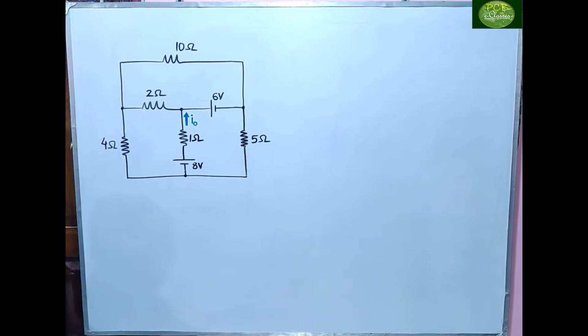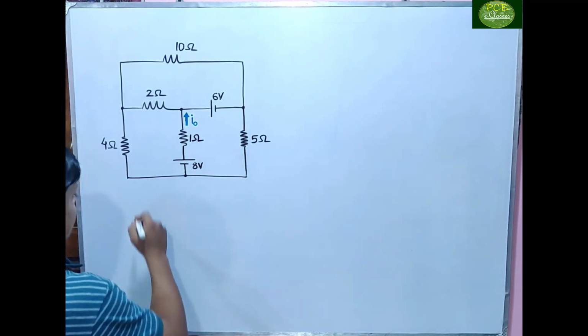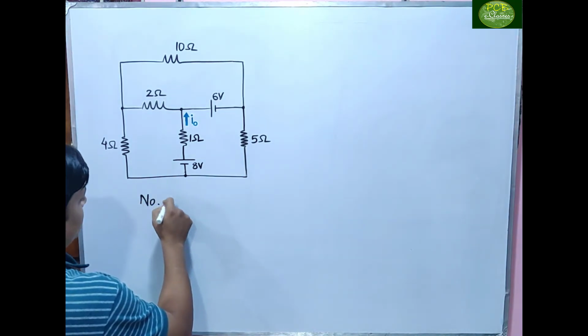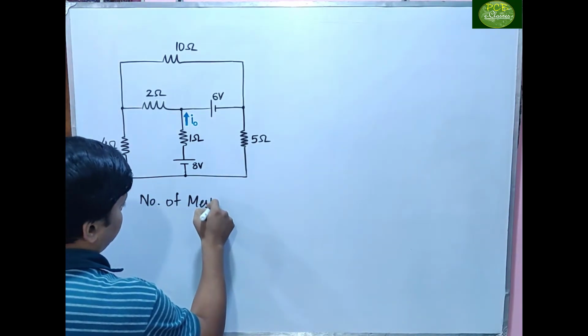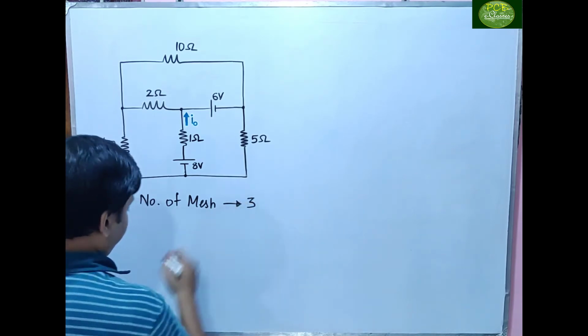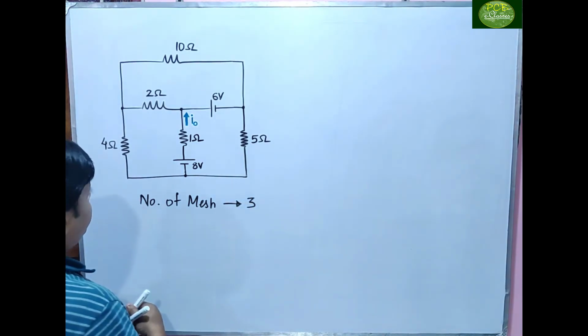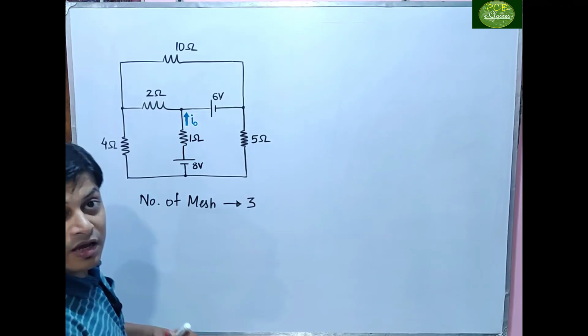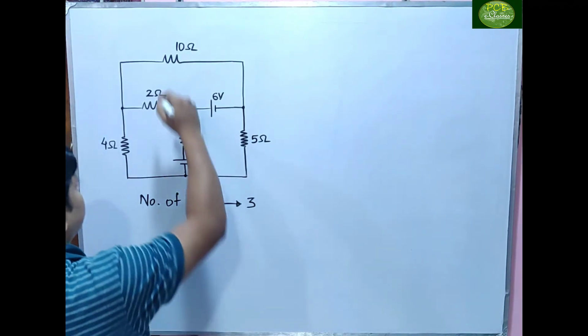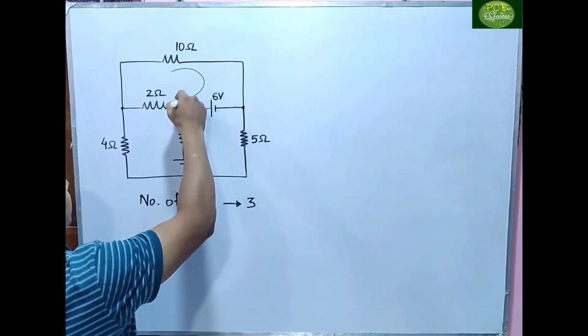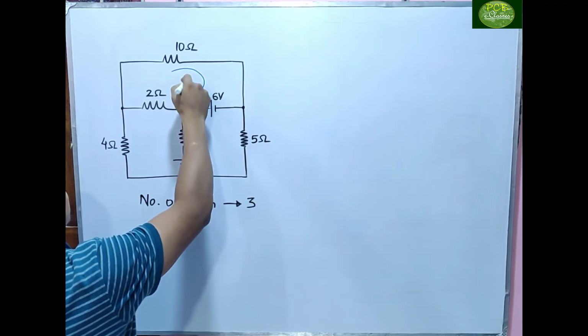Now see here. How many meshes are there? We know very well, 3 meshes are there. The number of meshes is 3. Assume the current. So I'm assuming this current as I1.